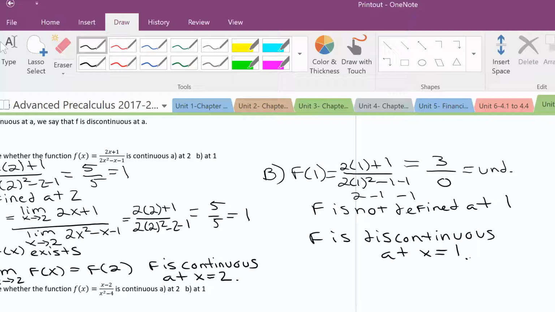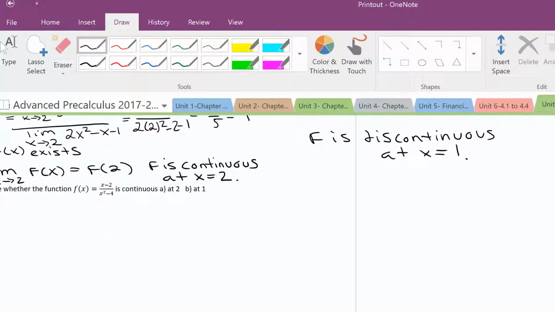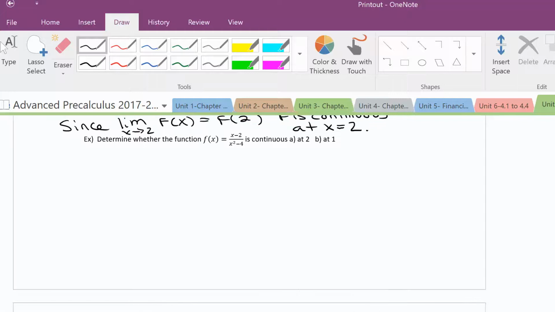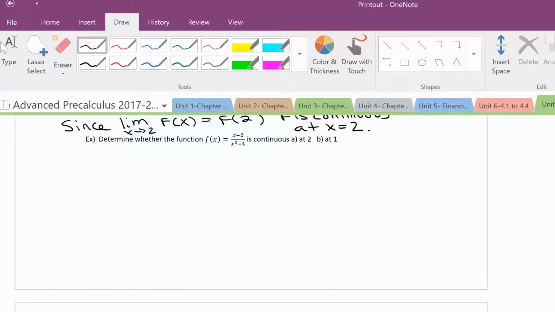So that's how you show if it's continuous at a certain point. It has to meet all three of those criteria. If it doesn't meet one of them, then it's not continuous. So let's look at the next example. This function, now at 2, so let's try f of 2. So 2 minus 2 over 2 squared minus 4.